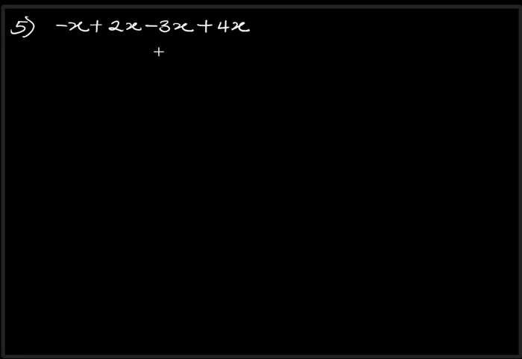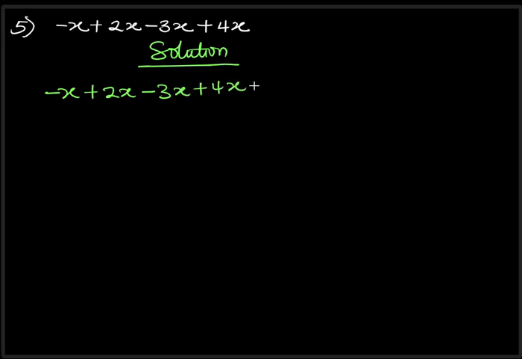Okay, we move to number 5. Solution. See what we have here: minus x plus 2x minus 3x plus 4x. Let's take it bit by bit.